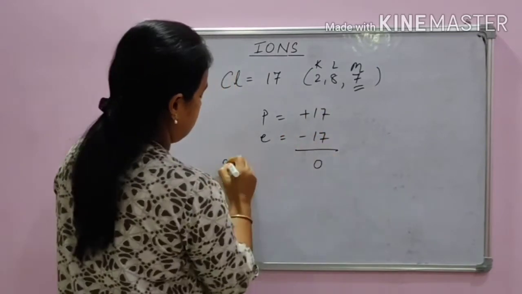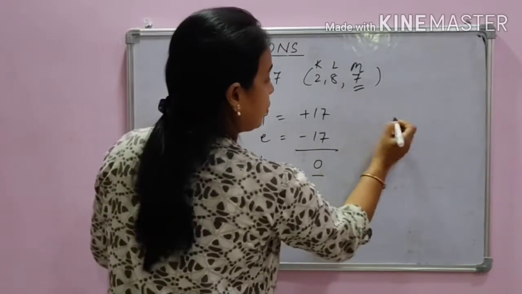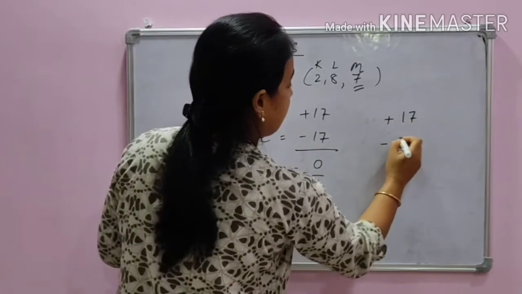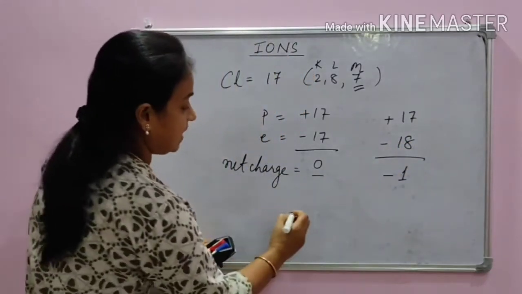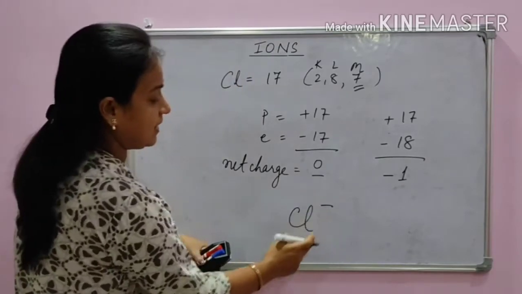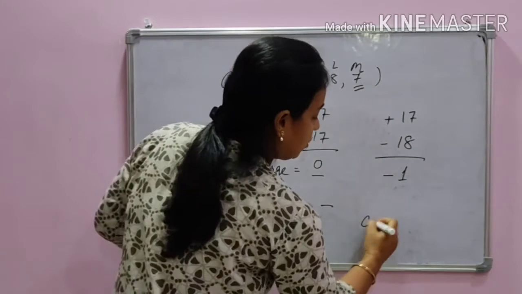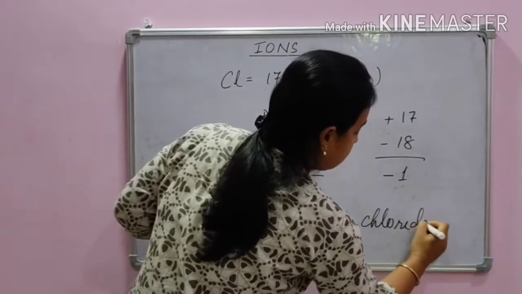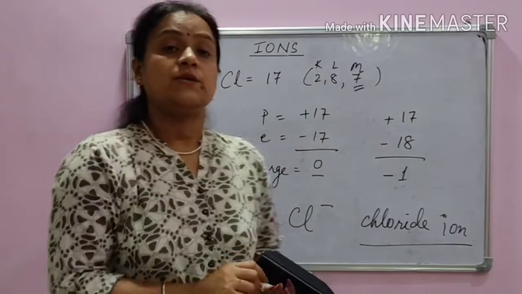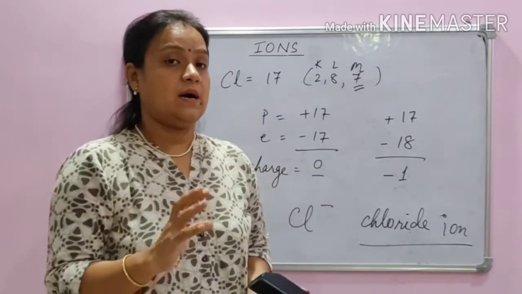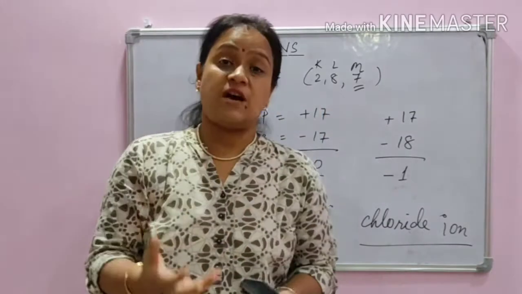The net charge was 0. But now when it borrows 1 more electron, protons remain 17, electrons become 18. So the net charge is minus 1. So we say chloride ion, we write it like this, Cl negative, and this is the chloride ion, or it is an anion of chlorine. Right? So this is how atoms become anions, or they attain a charge.